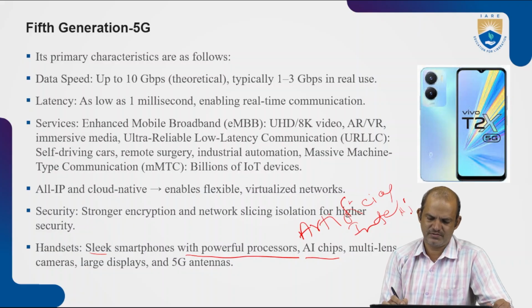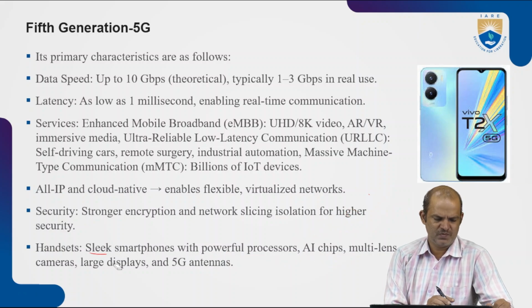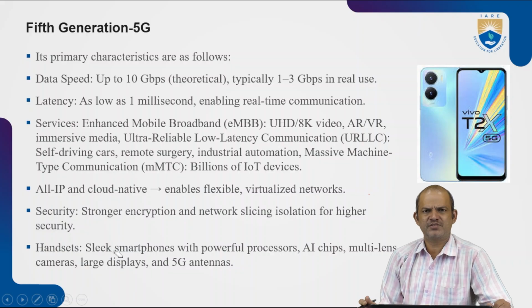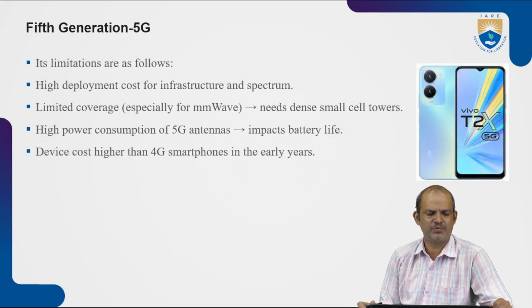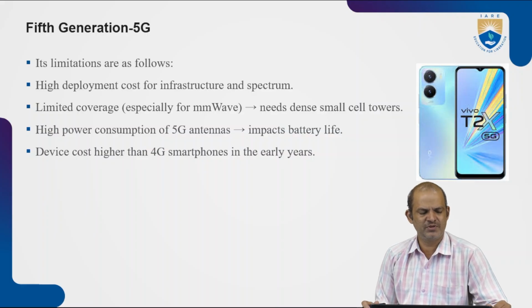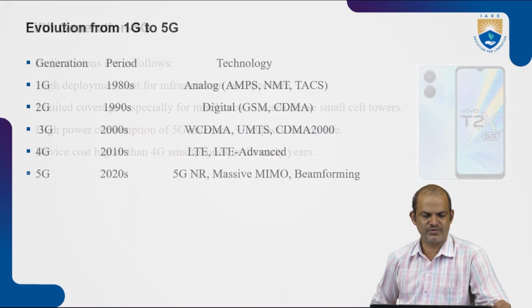They also have multi-lens cameras, large displays, and 5G antennas. Limitations: high deployment cost for infrastructure and spectrum, limited coverage needing dense small cells, high power consumption that impacts battery life, and higher device cost.